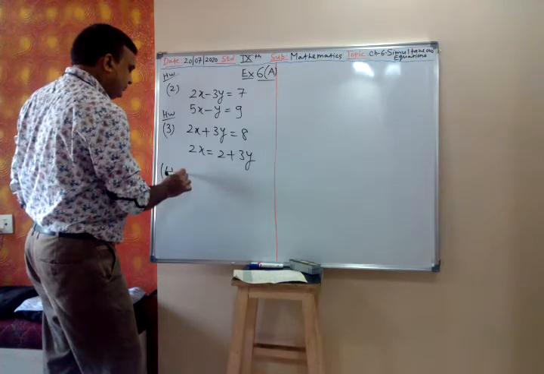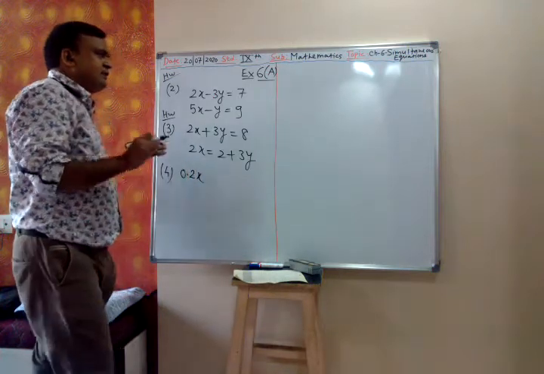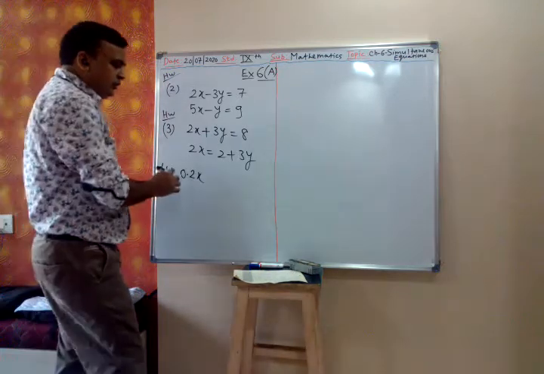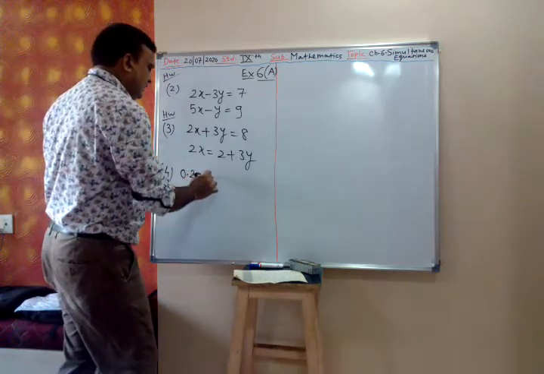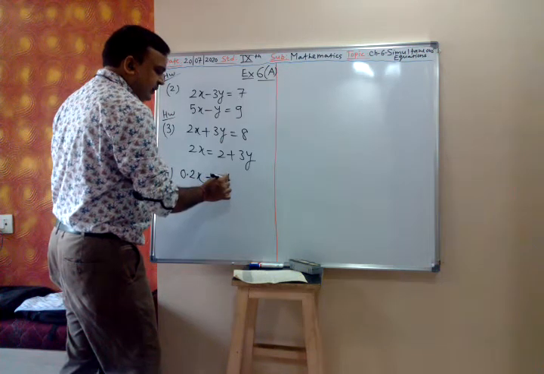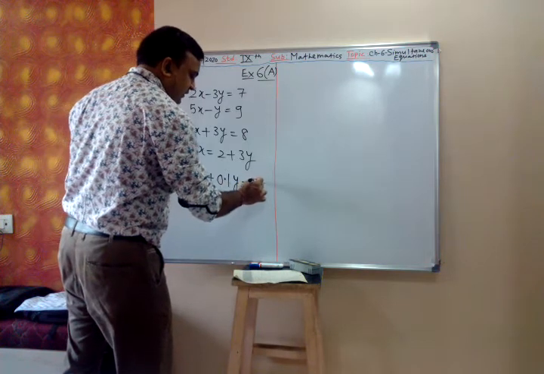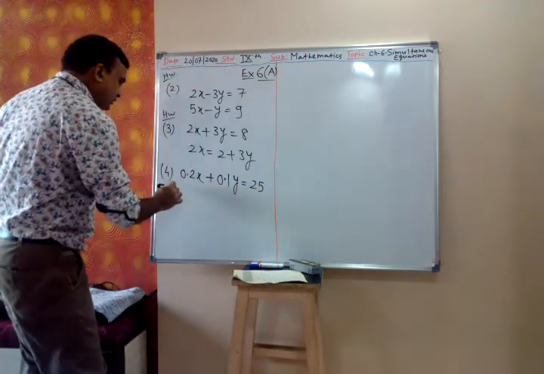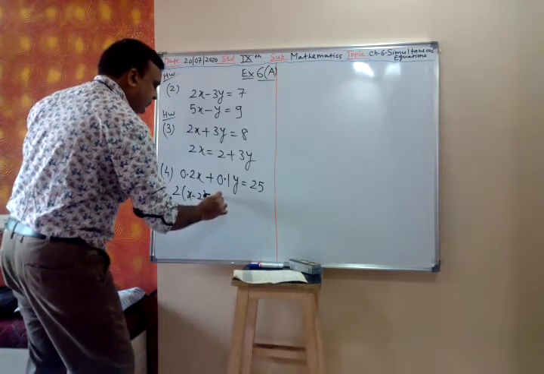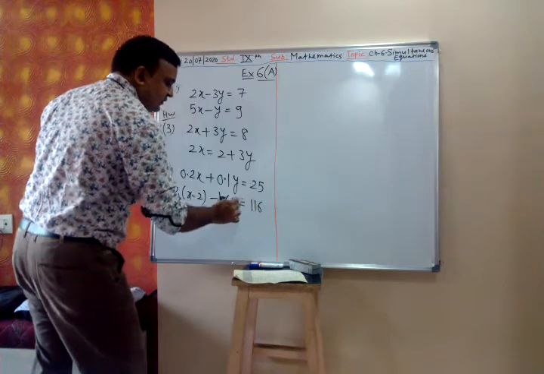Chapter 6, exercise 6a. 0.2x plus 0.1y is equal to 25 and 2 into x minus 2 minus 1.6y is equal to 116.